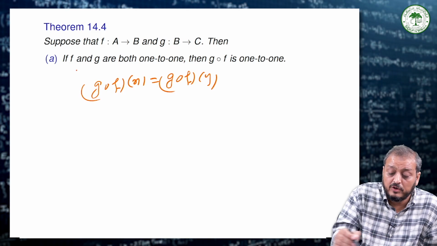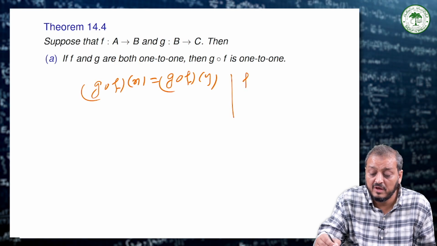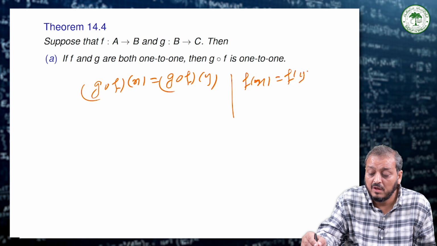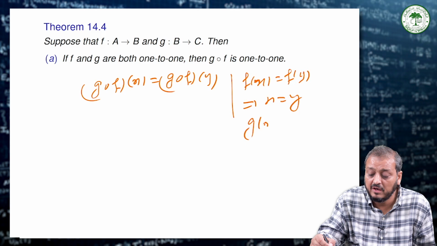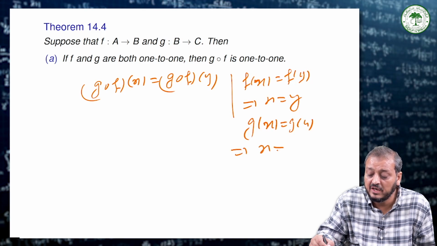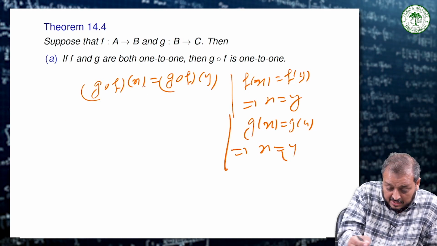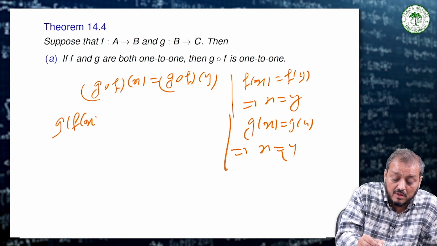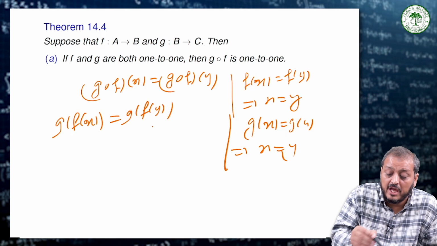Now, we assume that f and g are both 1-1. This means f of x equal to f of y implies that x is equal to y, and g of x equal to g of y also implies that x is equal to y. Starting from this, suppose g of f of x is equal to g of f of y.